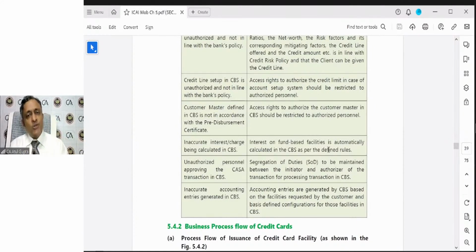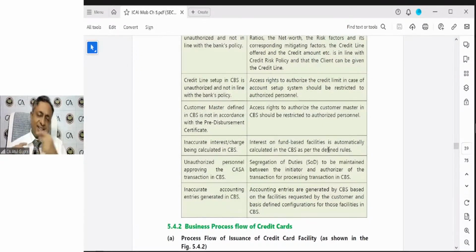So for the solution, I request you, don't use the words fund-based facility. Write: interest is automatically calculated in CBS as per defined rules. So rules have to be proper. If I read fund-based facility, I'm talking about a loan. That is not the idea. Then, unauthorized persons approving: yes, proper segregation of duty has to be there.